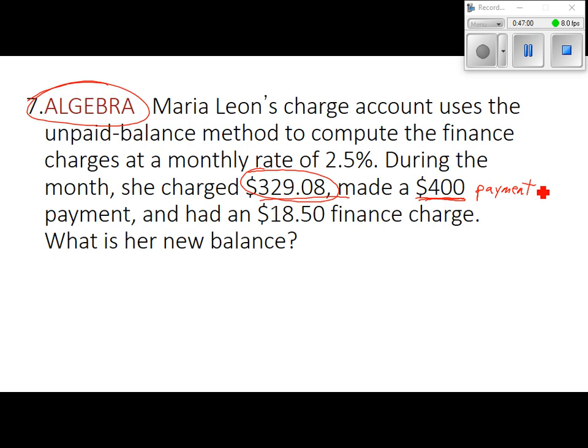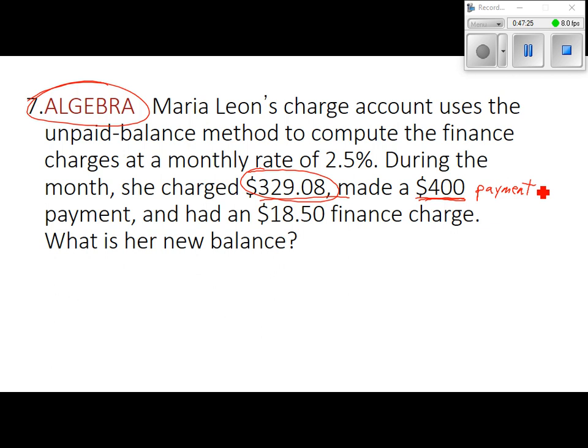And then you would add the 18.50. That's going to get added on at the end, right? So how can we do this? Unpaid balance method to compute the finance charge at a monthly rate of 2.5%. She charged these new amounts.